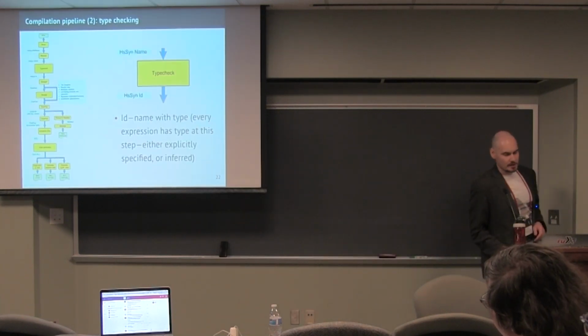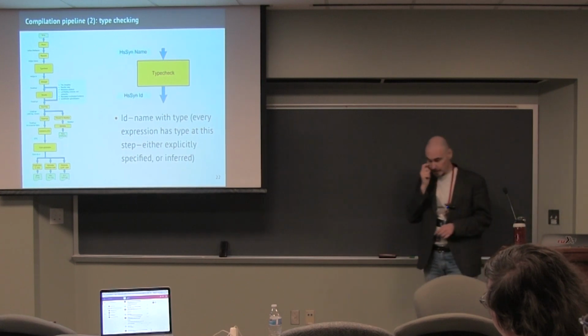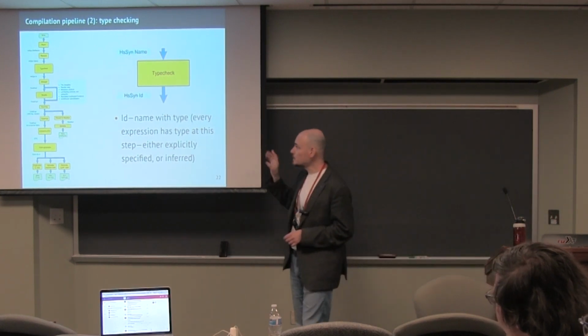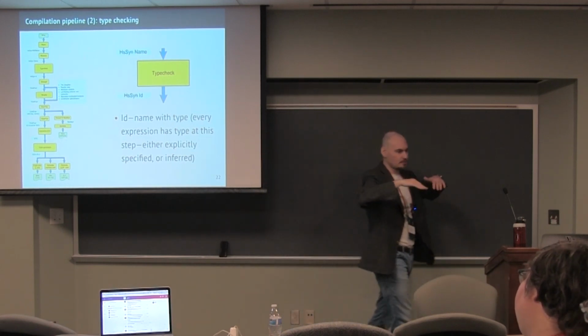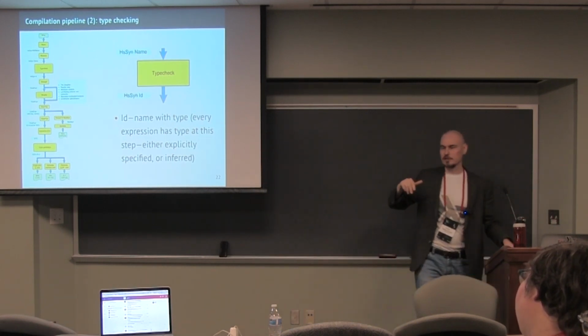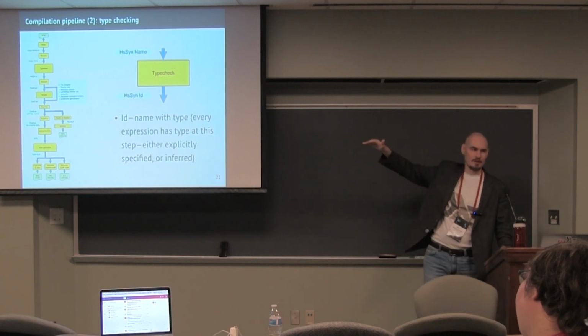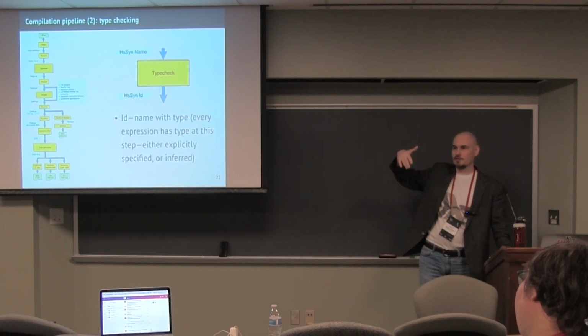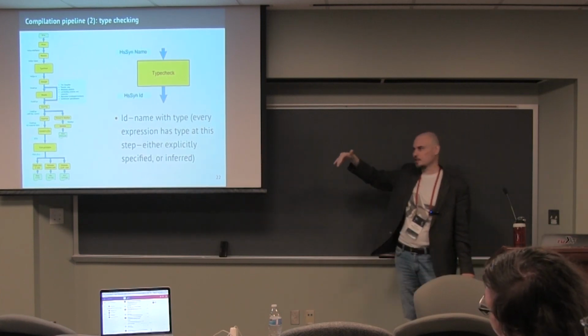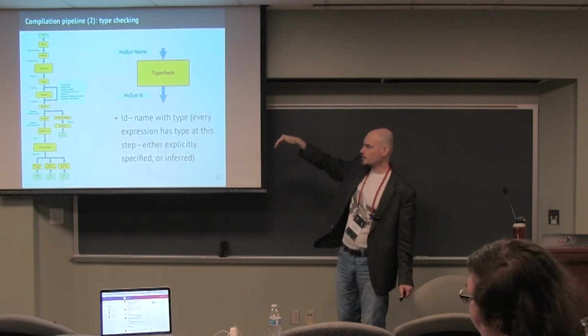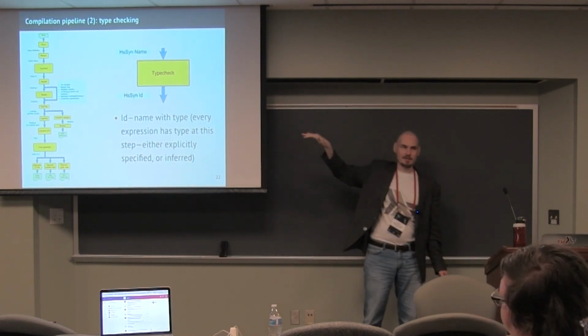All right. So now let's go to the next stage, type checking. This is it. And again, we have this syntax tree. Before type checking, this syntax tree is parameterized with name. Now it's fully renamed name, so with full information about where it comes from. And the result of type checking is the same tree with identifiers.